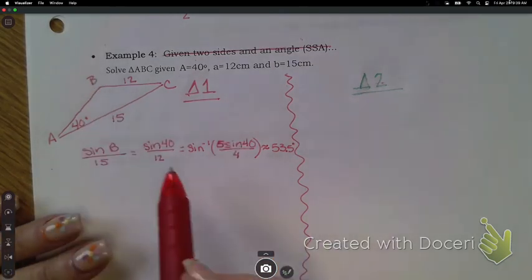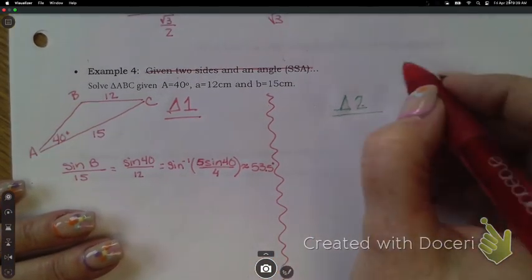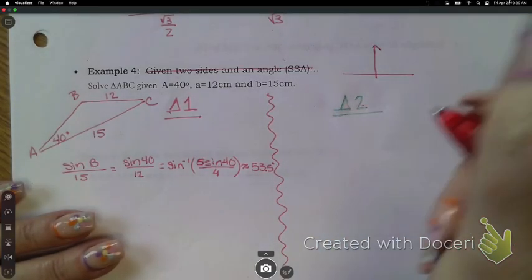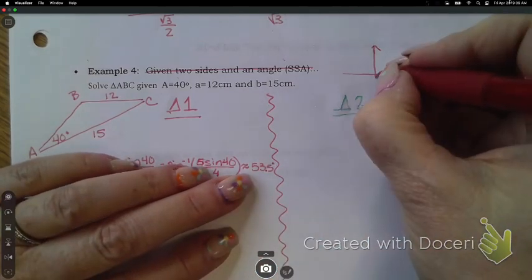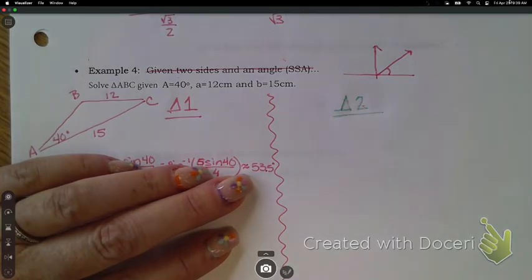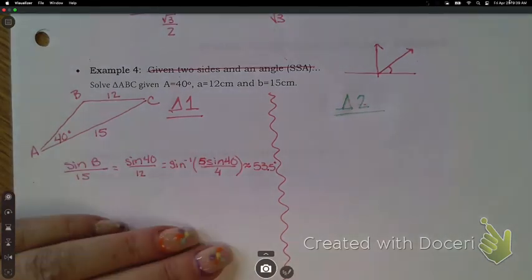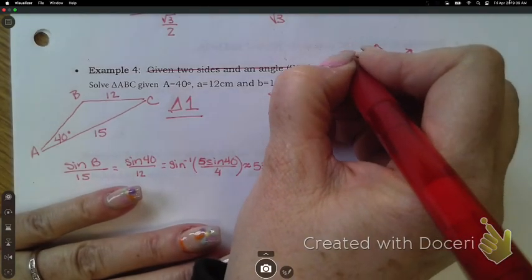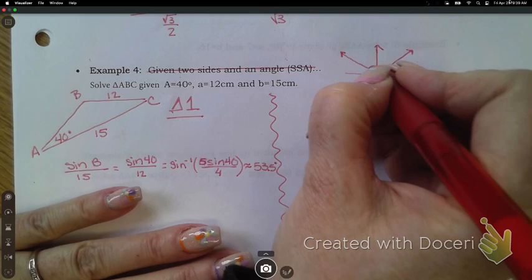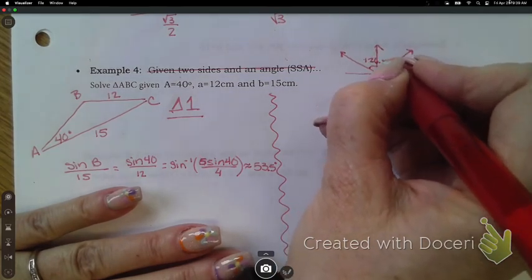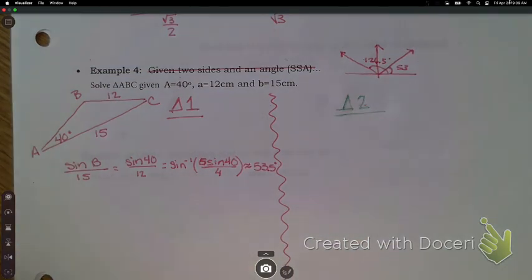Because sine is positive in what 2 quadrants? 1 and 2. So this could be 53, right? But it also could be 126 because sine is positive in the first and the second, isn't it?